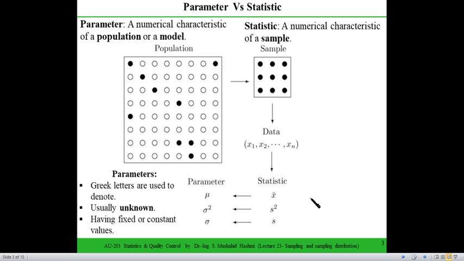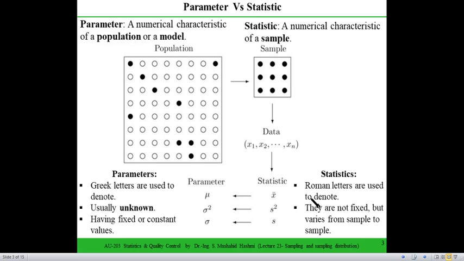So the population parameters are most of the time unknown because they are large in number. For a large population, the parameters don't change. So in most cases they are constant or fixed.